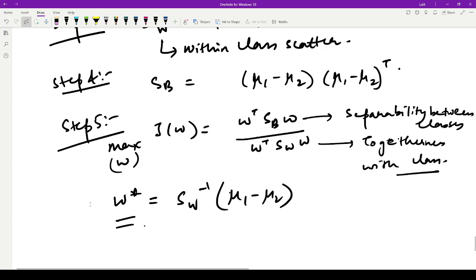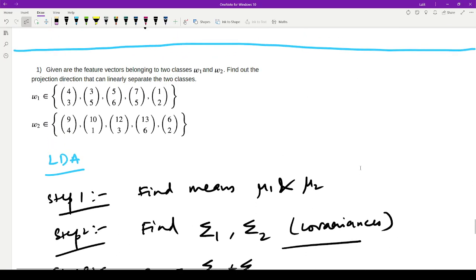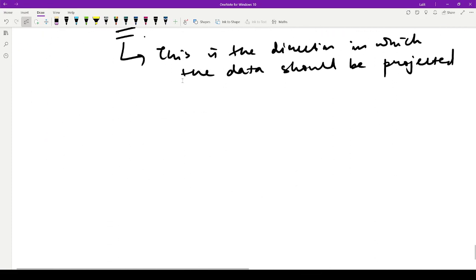So what is this weight matrix? This is the direction in which the data should be projected for linear separability.